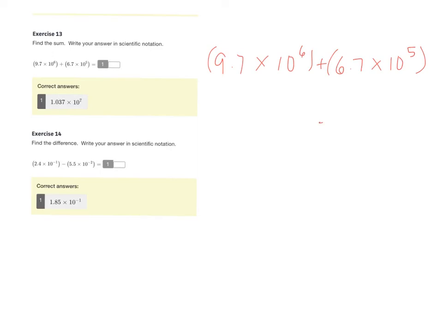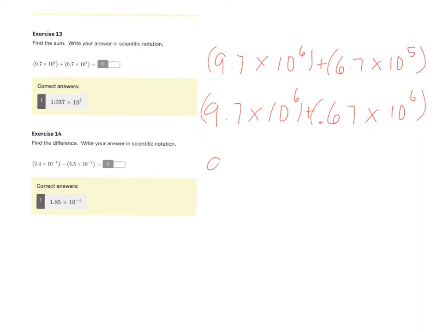So this is going to be 0.67 times 10 to the 6th. And our first part is 9.7 times 10 to the 6th. So now we have the same base of 10 with the exponent of 6. Now we can add them.